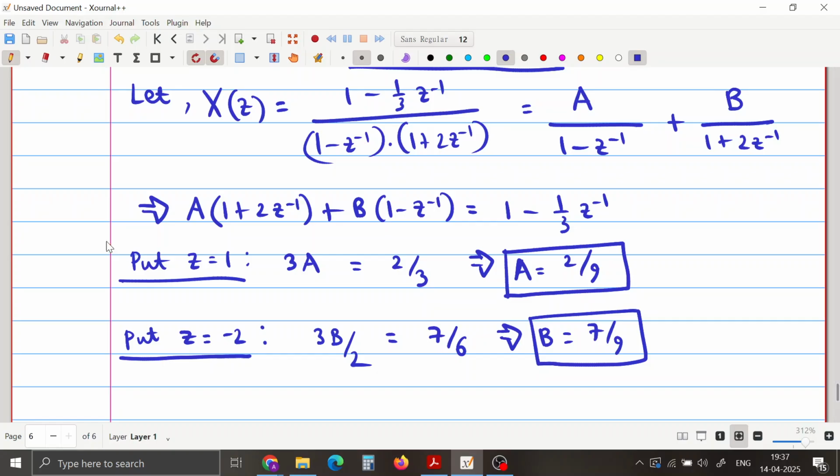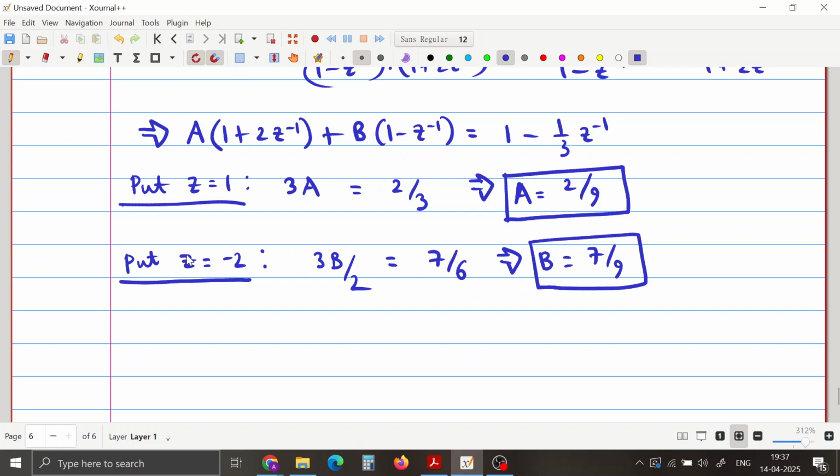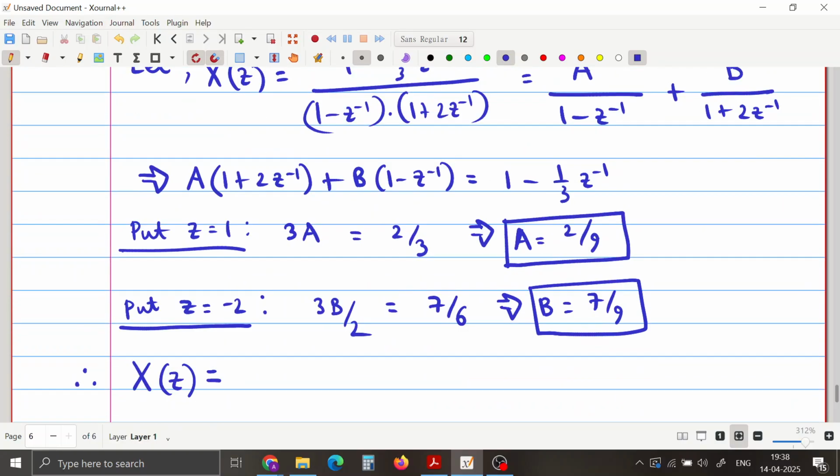Okay, so now I have expressed X of z in the desired form. So now X of z is equal to, what was the form, a by 1 minus z inverse.